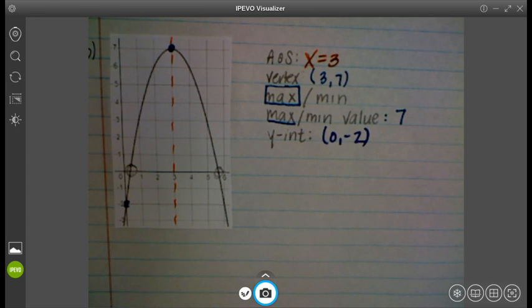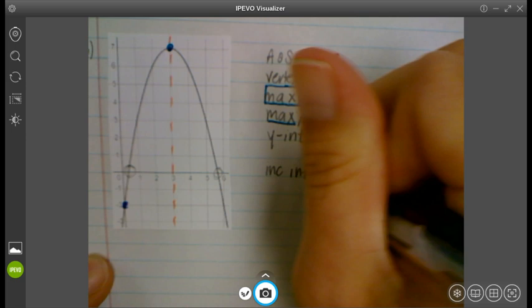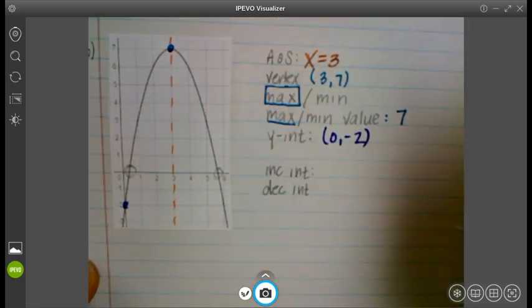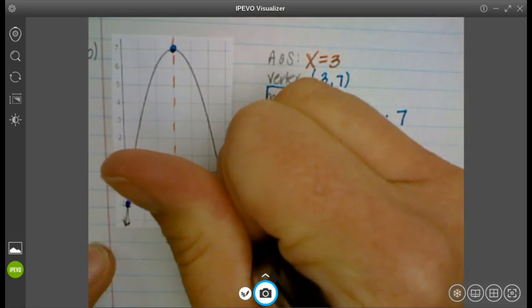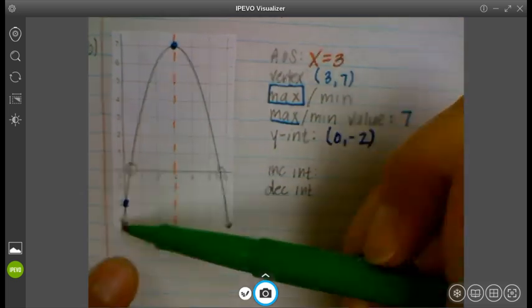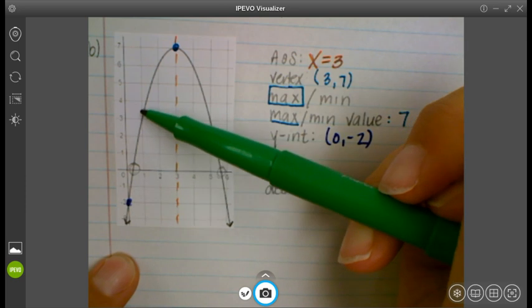Then we have the increasing and decreasing intervals. Let's go ahead and mark on our graph with our markers and see which side's increasing and which side's decreasing. So if I move my marker from the left side of the graph to the right side of the graph, currently my graph is increasing.